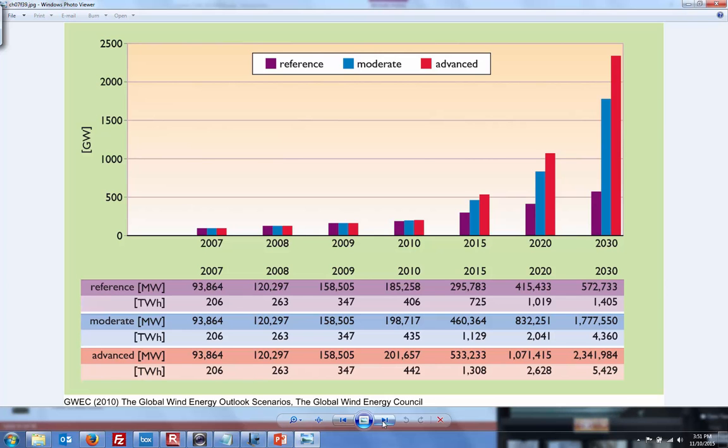Now, the constrained potential. I'm just going to read what that is. It says this was then filtered to exclude environmentally sensitive areas, plus a number of offshore constraints such as shipping lanes, et cetera, zoning yields.